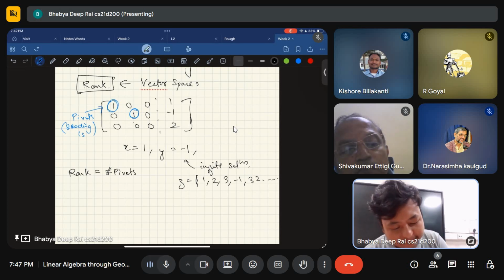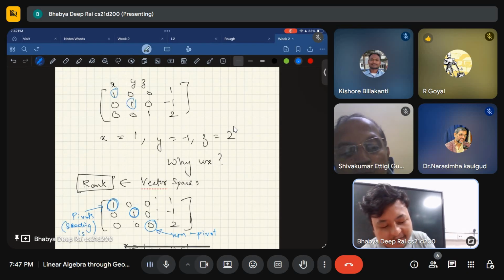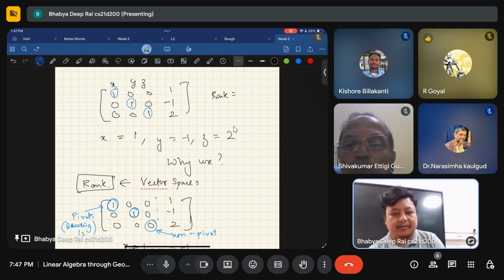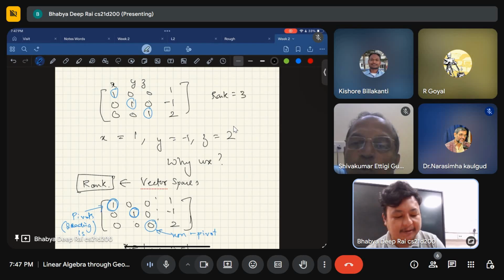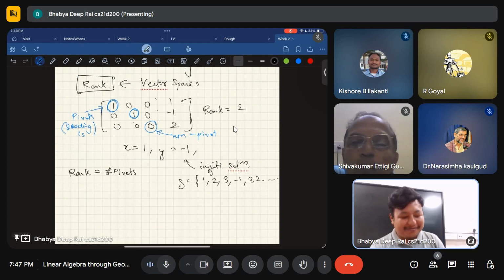And this one is a non-pivot. But notice in the earlier matrix, all three of them were pivots. So what is the rank of that matrix? Number of pivots, which is 3. And what is the rank here? 2. Good.